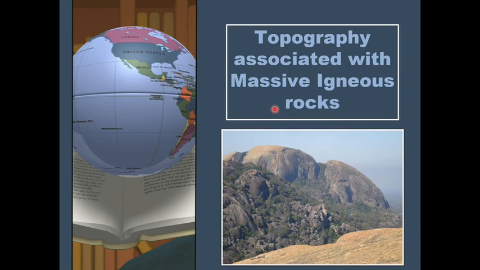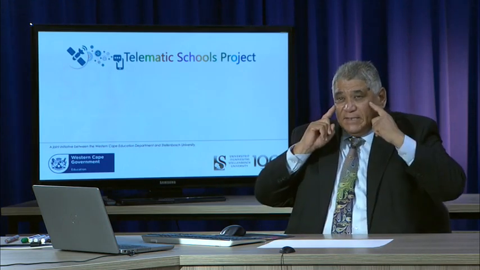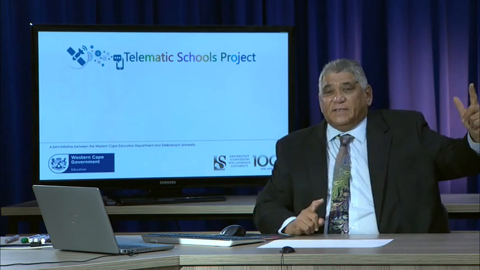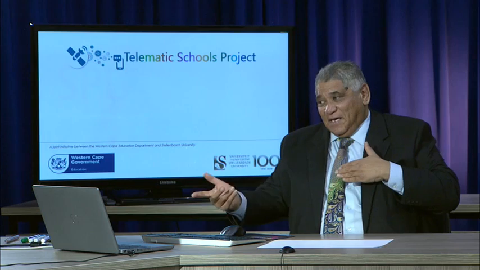The next topic that I would like to discuss has to do with topography associated with massive igneous rocks. What's important here is you must again think of that first slide that I showed you, the difference between your sedimentary rocks and your igneous rocks.